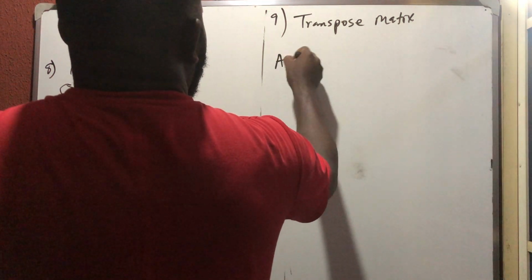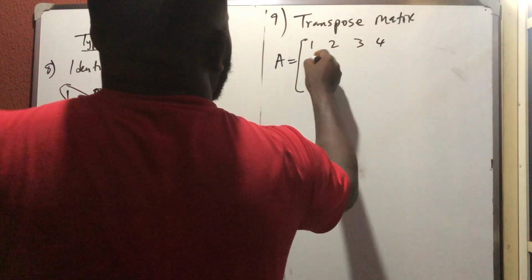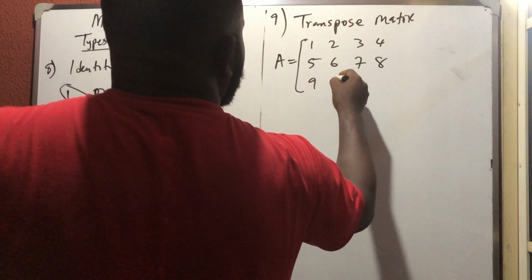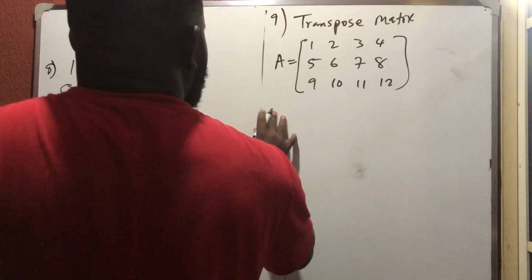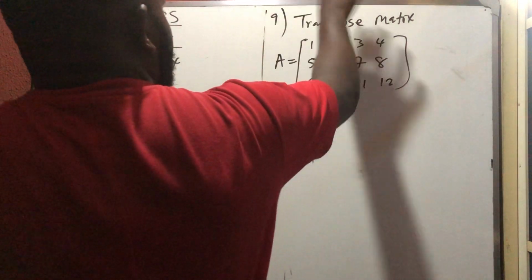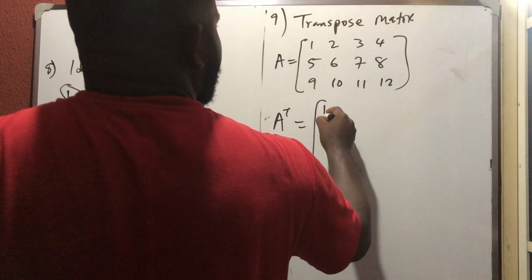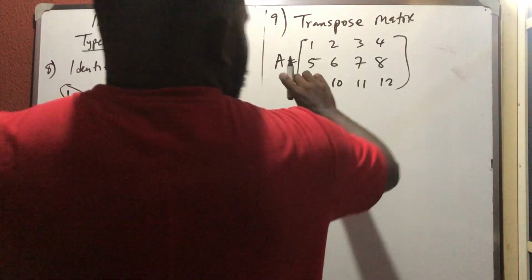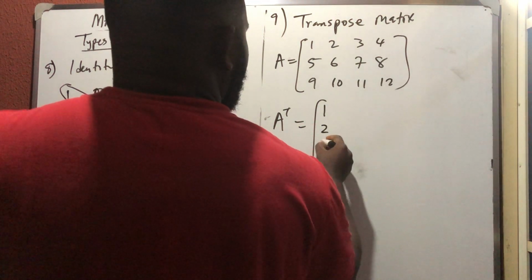If I have that matrix A is equal to, maybe, 1, 2, 3, 4, 5, 6, 7, 8, 9, 10, 11, 12, something like this. Then A transpose is simply turning it around. So let us stand the first row up: I'm having 1, 2, 3, 4.